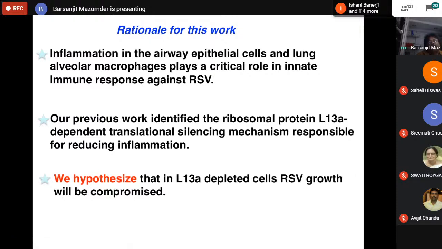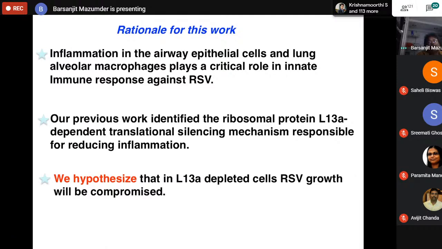People are dying in COVID because of the cytokine storm or rapid inflammatory syndrome that is happening, and not because of the virus per se, but because of the cellular response to the virus.